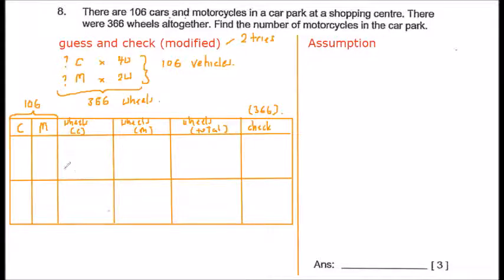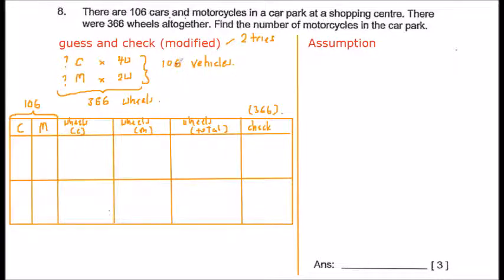So guys, what is the first guess that we will do? Maybe it's somewhere in the middle. It doesn't necessarily need to be right in the middle, where you have to take 106 divided by 2. Not really. You can start with any number, but of course if we start somewhere in the middle, it will be better.